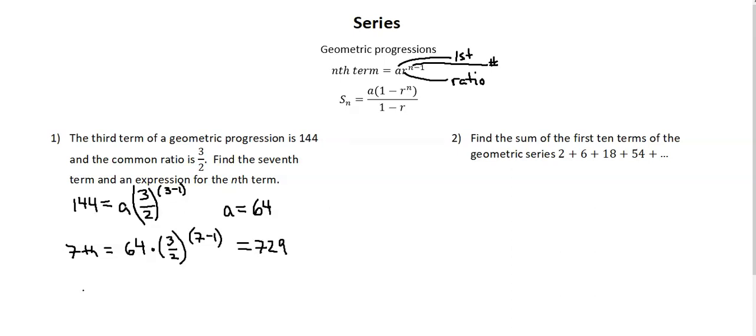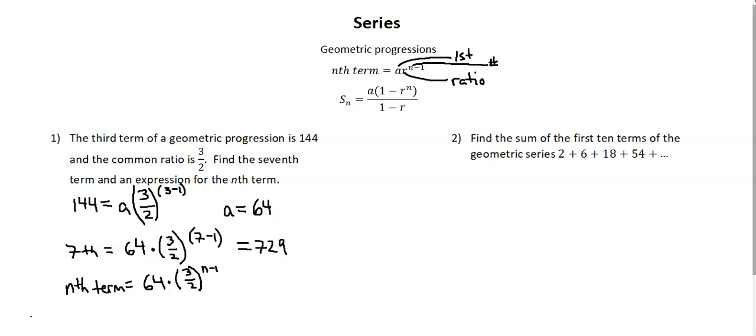For the second part of the problem, we're going to replace the 7's on the left and the right with n. So the seventh term, now I will write the nth term, equals 64 times 3 over 2 to the power of, instead of 7 minus 1, n minus 1.